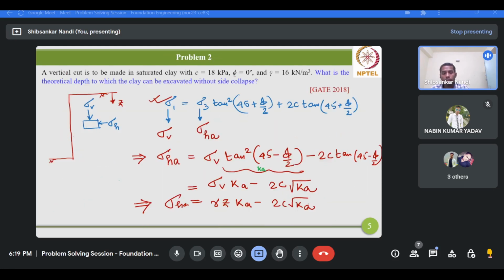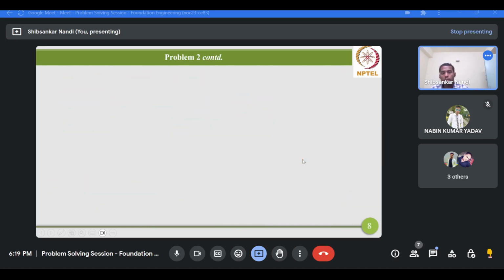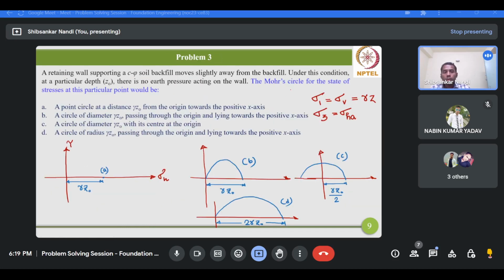Here I have written it in the previous problem. So this is for the active condition. As you can see, these two values, the major and minor principal stresses, are not equal. Therefore option A is discarded. This is not valid for this problem. Now three more options are left.